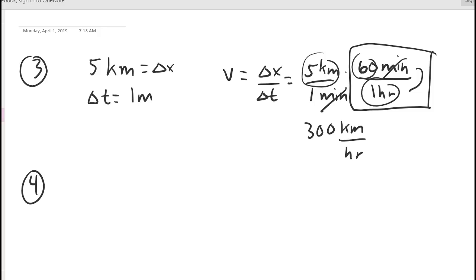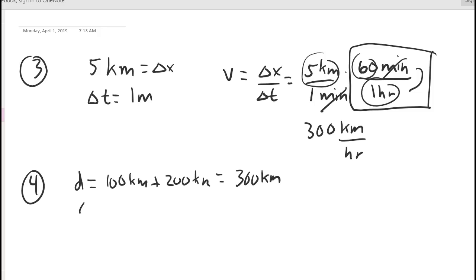A car travels 100 kilometers in 1 hour and another 200 kilometers in 1.5 hours. What is its average speed for the entire trip? So the total distance traveled would be 100 kilometers plus 200 kilometers equals 300 kilometers.